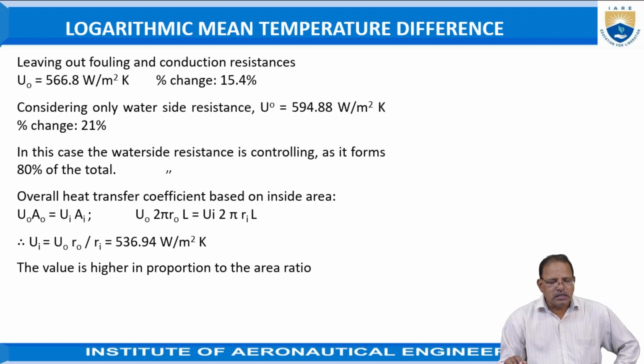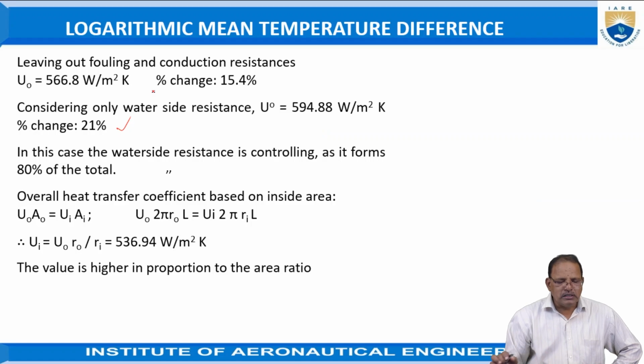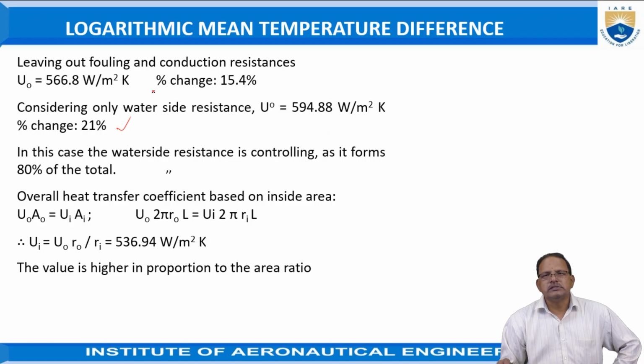Considering only water side resistance, U naught is equal to 594.88 watts per meter square per degree Kelvin. So the percent of change is 21%. In this case, the water side resistance is controlling as it forms 80% of the total resistance.